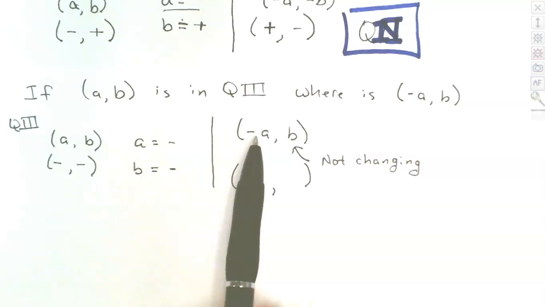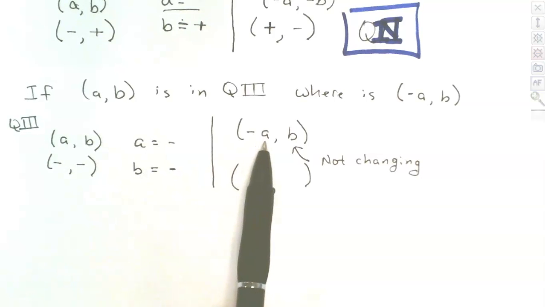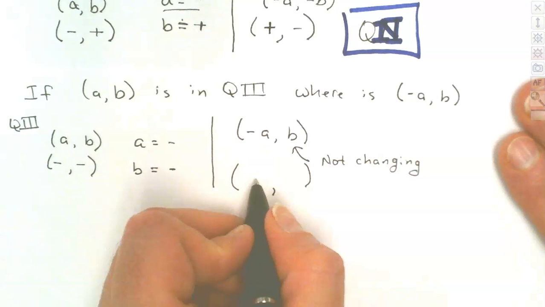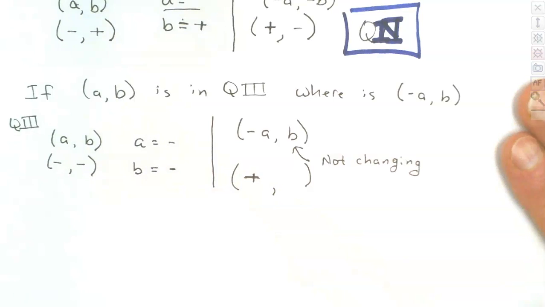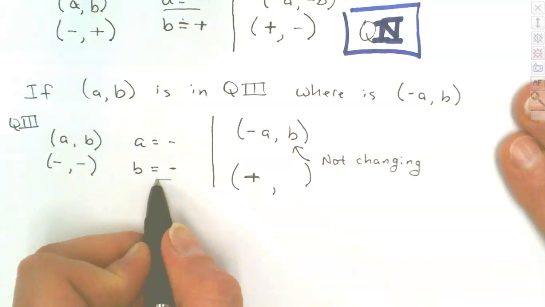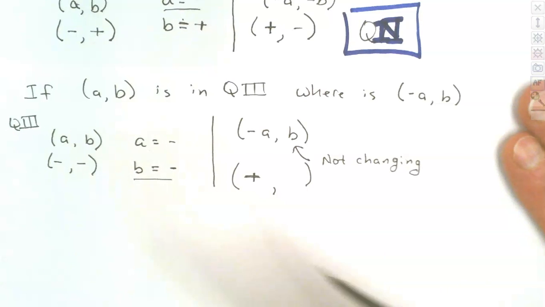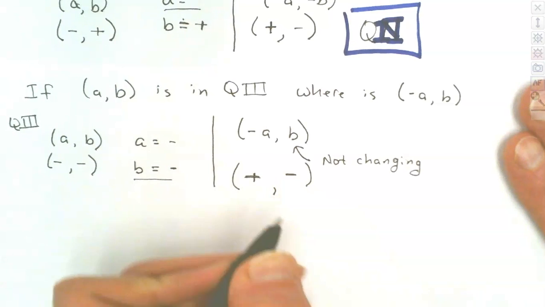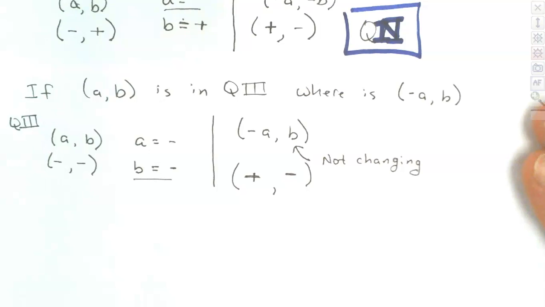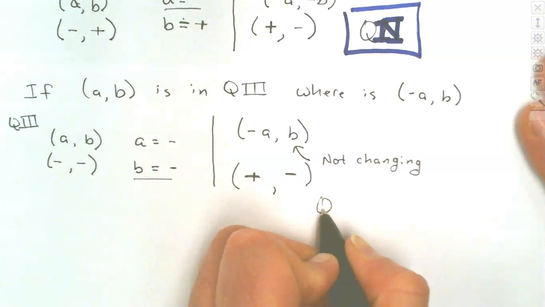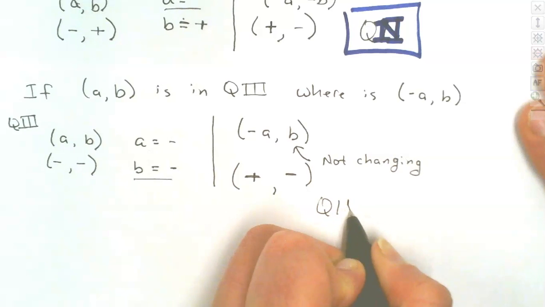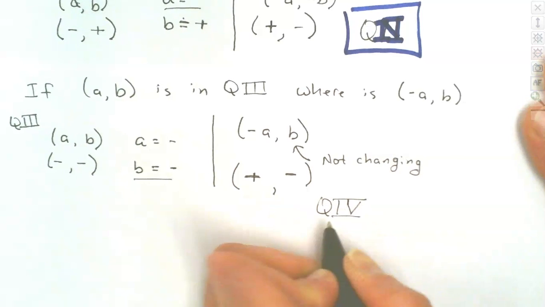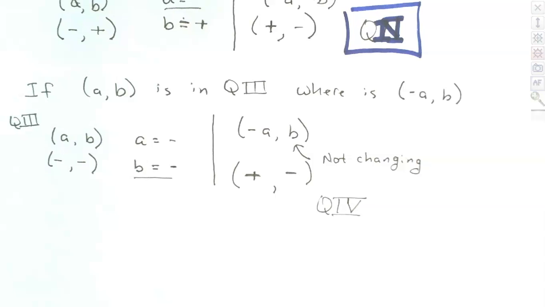We want the opposite of A, so negative A. The opposite of that negative would make it A, positive. And B stays the same, so it would also be negative. And where is positive, comma, negative? That again is quadrant 4, isn't it?